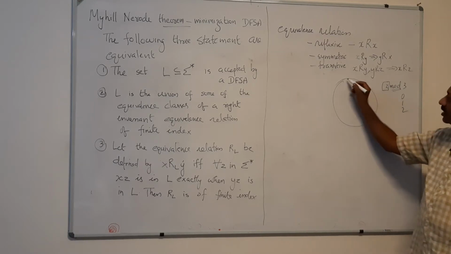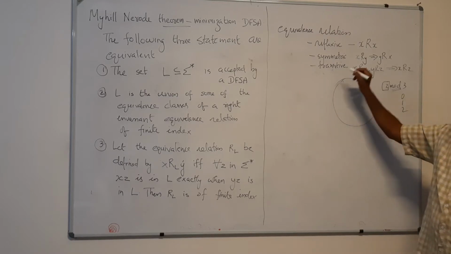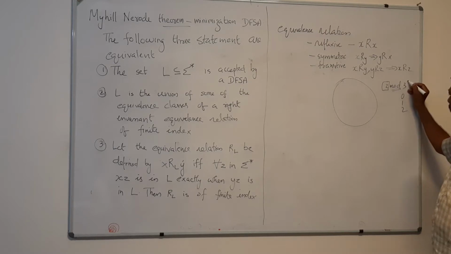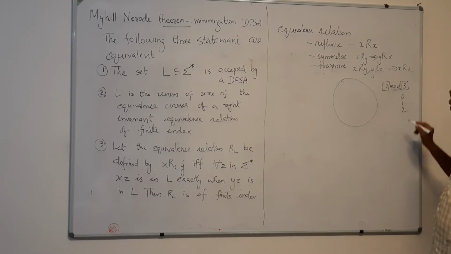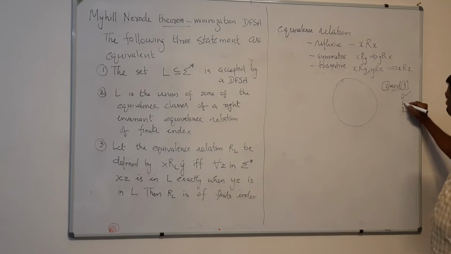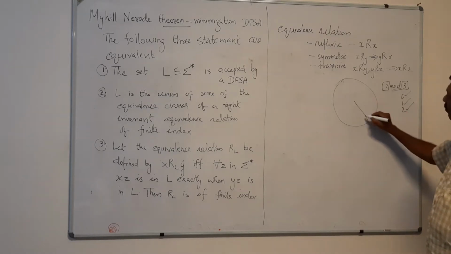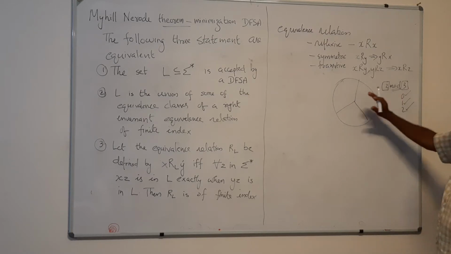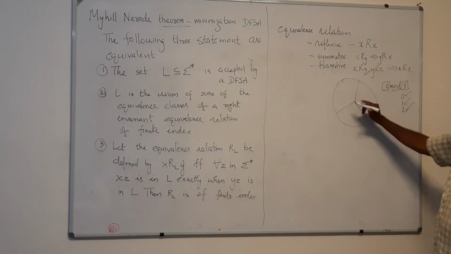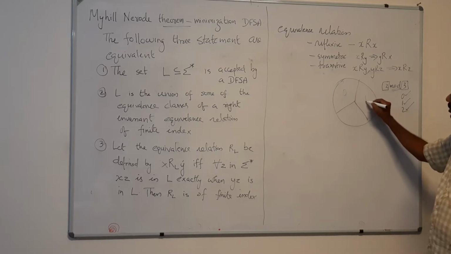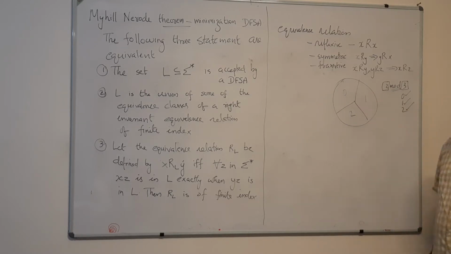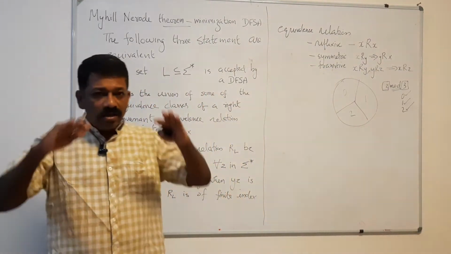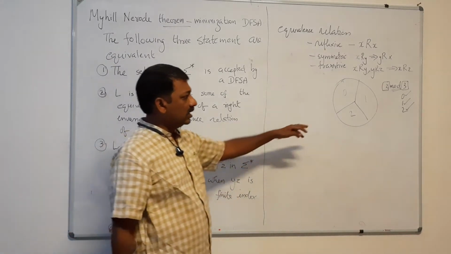This is the set of integers, and when you divide a number by 3, your remainder is either 0, 1 or 2. That means you can divide your entire set of integers into three equivalence classes. They are represented by 0, 1, and 2. That means you have partitioned the set of integers into three classes.